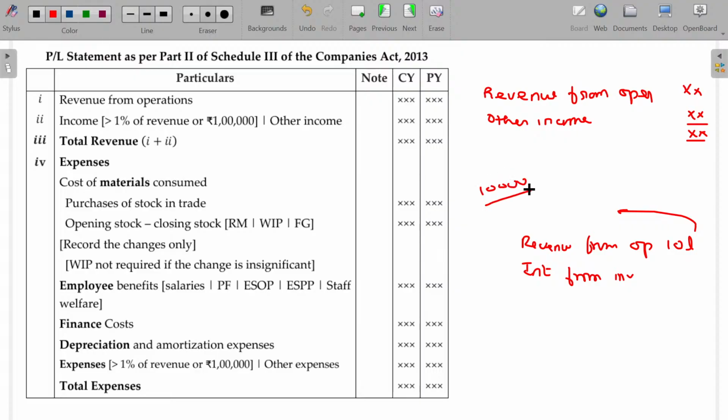Am I right? But the value is more than 10,000. So the 1,50,000 rupees you receive by way of interest from investment should be separately disclosed. Apart from that, dividend is also received. Dividend is 15,000.